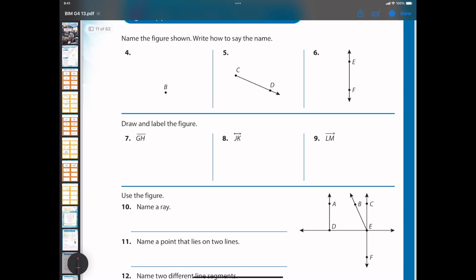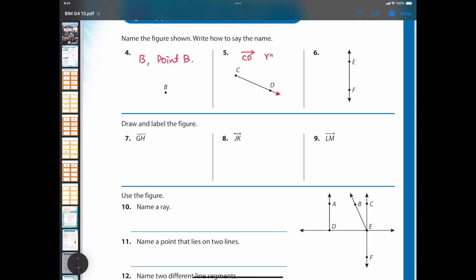Okay, name the figure shown, write how to say the name, okay? So this is what? There's no line. So this means what? Just B. And you can say what? Point B. And this is what? One arrow. That means what? Ray. And how to write it? Ray CD. C has the ending point, remember, okay?